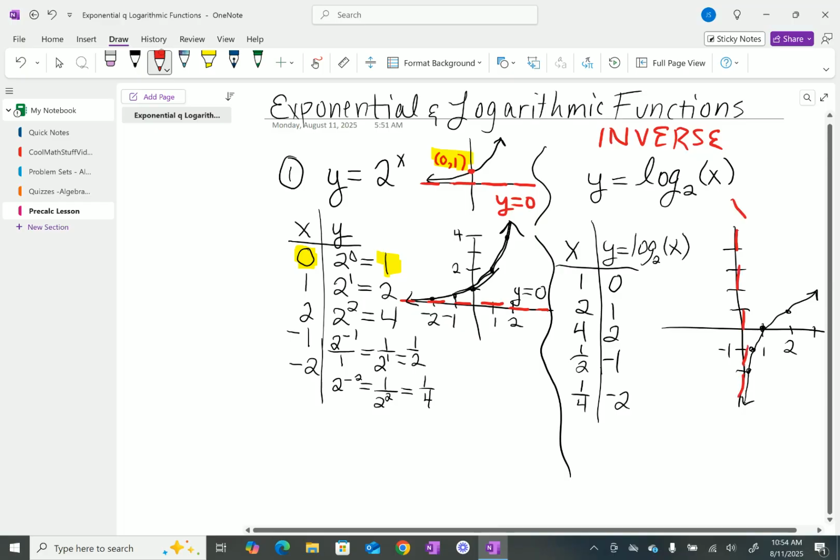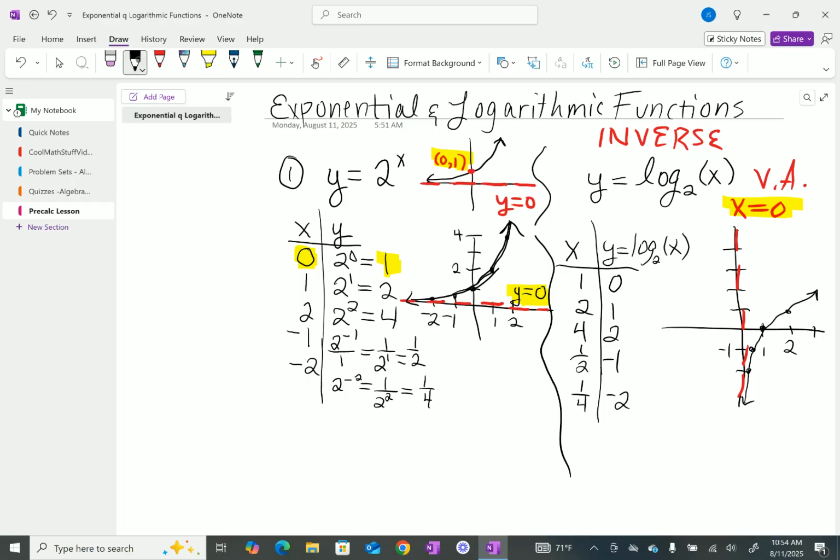And so x equals 0 is a vertical asymptote. And so that's just a good thing to notice. Instead of y equals 0, we have x equals 0. Okay, and then instead of our ordered pair 0, 1 as our y-intercept, now we have 1, 0 as our x-intercept. And so that is how you graph a logarithm.